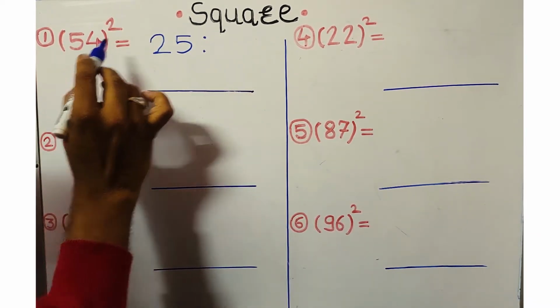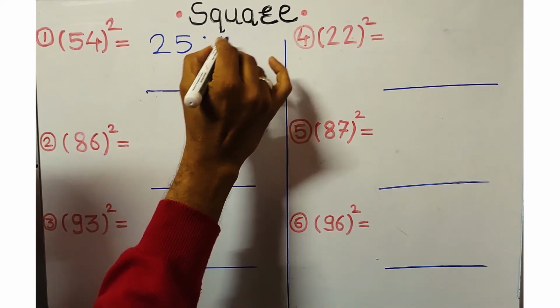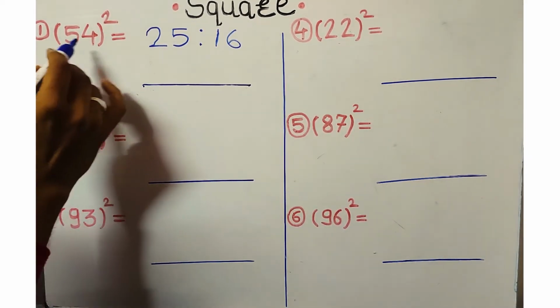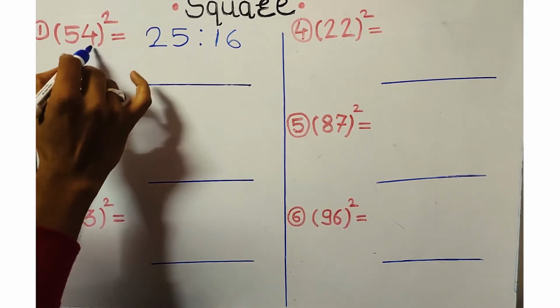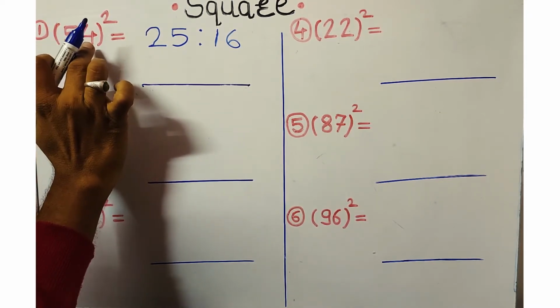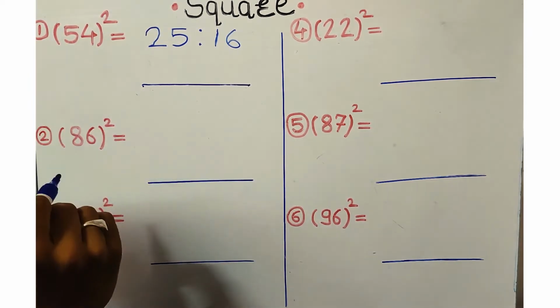And the square of 4, that is 16. In the next step, multiply 5 with 4, that is 20. Twice of 20 is 40.